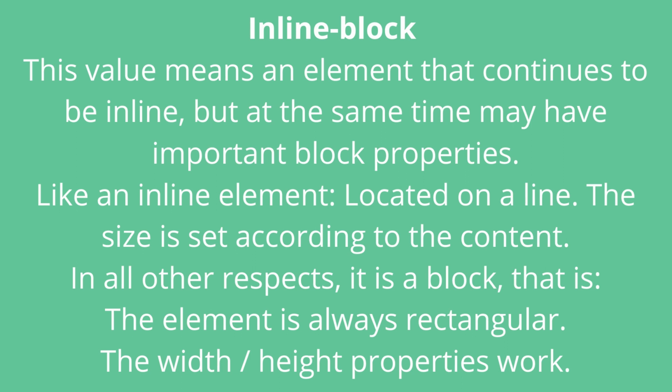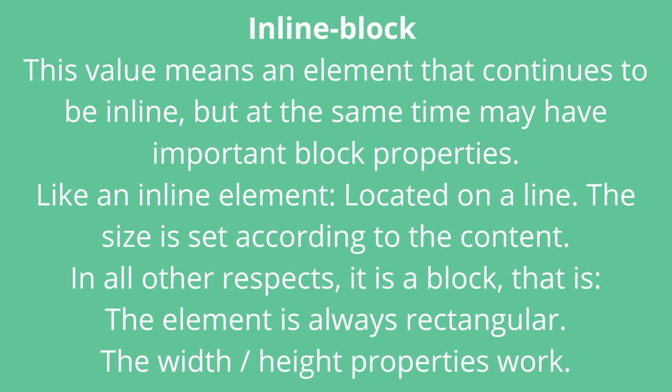So, inline block. This value means an element that continues to be inline, but at the same time may have important block properties. Like an inline element located on a line, the size is set according to the content. In all other respects, it is a block, that is, the element is always rectangular. The width and height properties work.